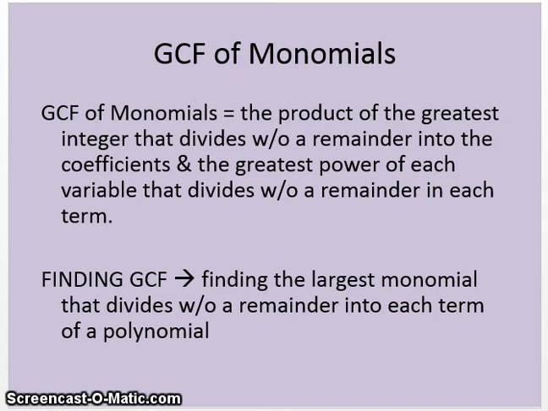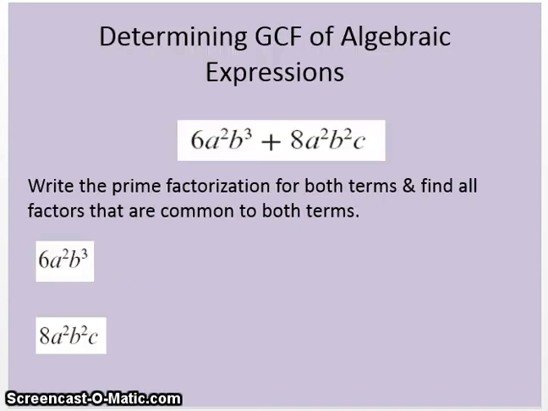That sounds really confusing, but basically, it is the product of all the factors that each term has in common. To find the GCF, you find the largest monomial that divides without a remainder into each term of the polynomial, or you find the product of all the factors that each term has in common.